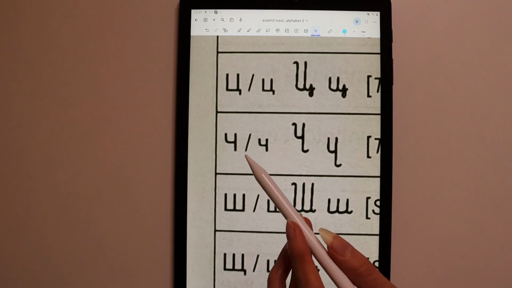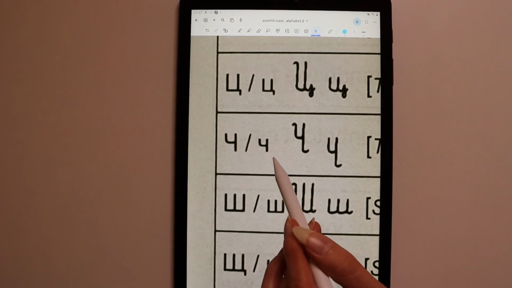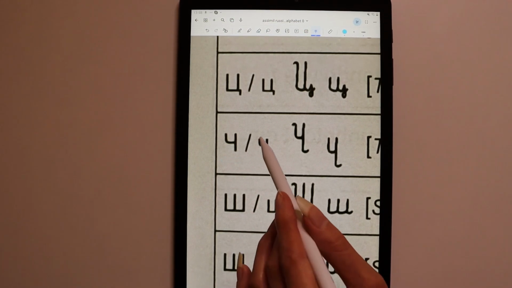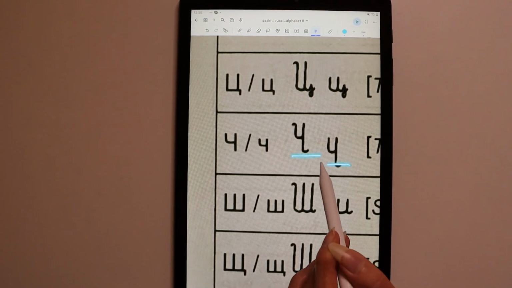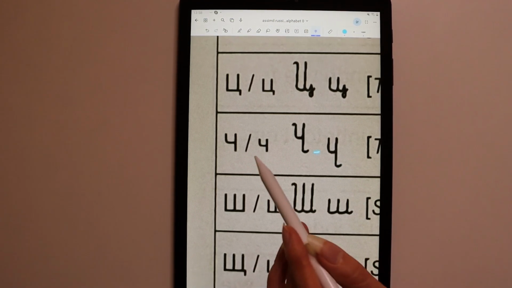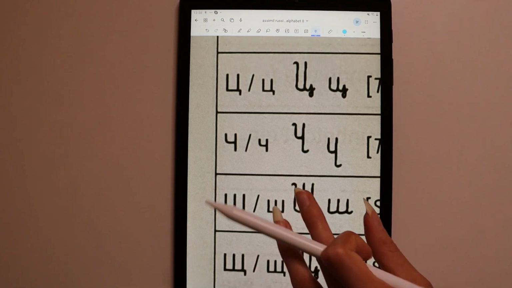And chair. Again, both forms look the same, but the lowercase letter is smaller. And also here you see that this is supposed to be this letter.